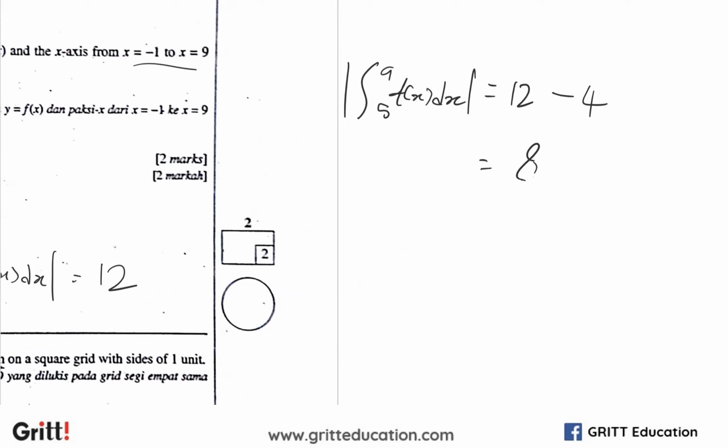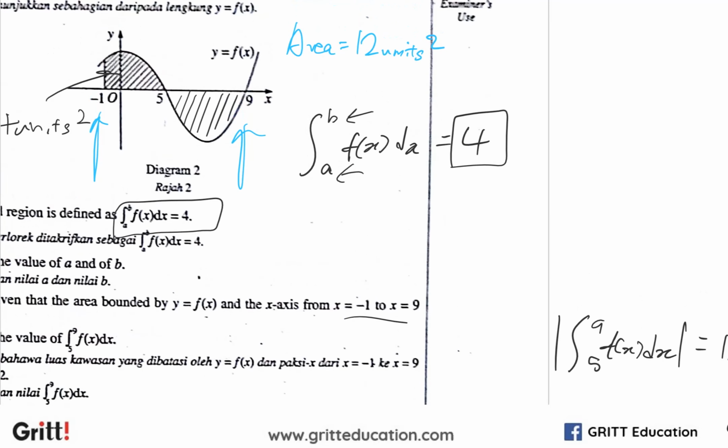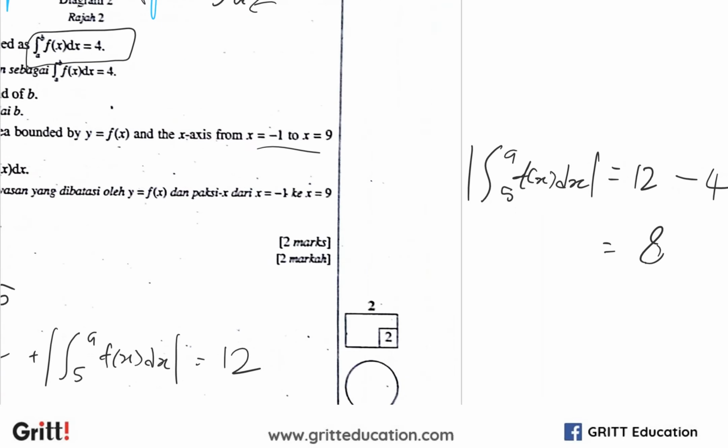You get 8. So that's good. But of course, to find the proper value of this integral, we need to have a negative value. So remember, when it's below the x-axis, it will always be a negative number. So the true value of this definite integral is actually -8 units.